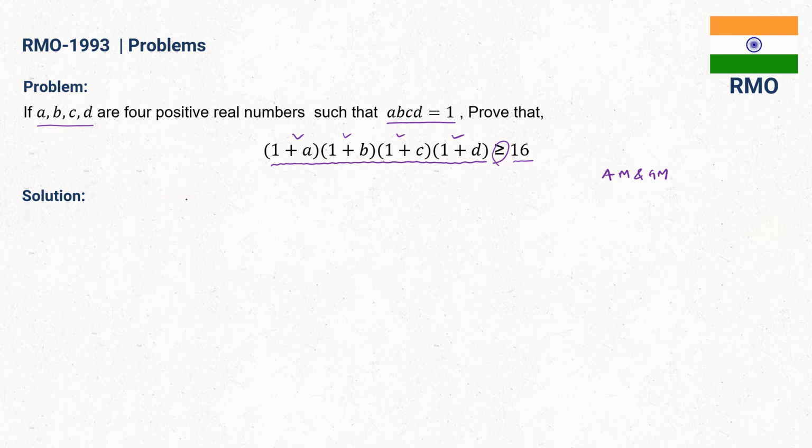The relation is like that: RMS greater than or equal to AM greater than or equal to GM greater than or equal to HM.